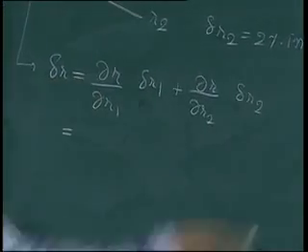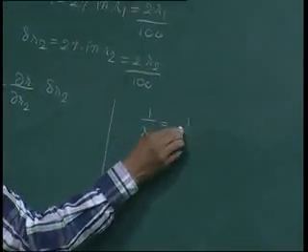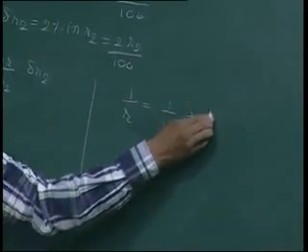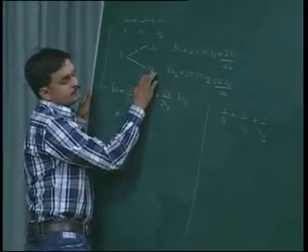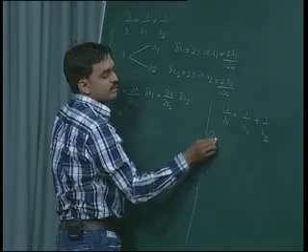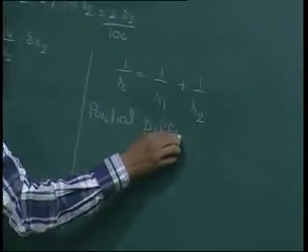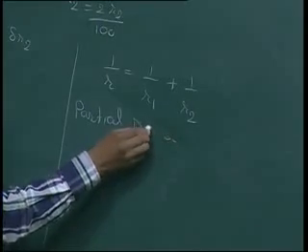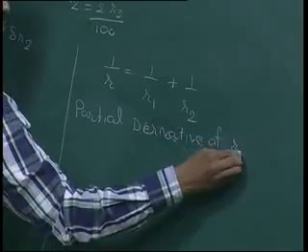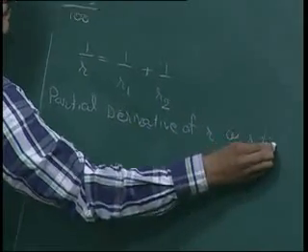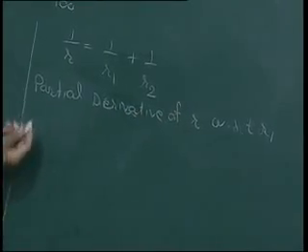Now, given that 1 upon R is equal to 1 upon R1 plus 1 upon R2. Here R is a function of R1 and R2. So we take the partial derivative of the above equation with respect to R1.